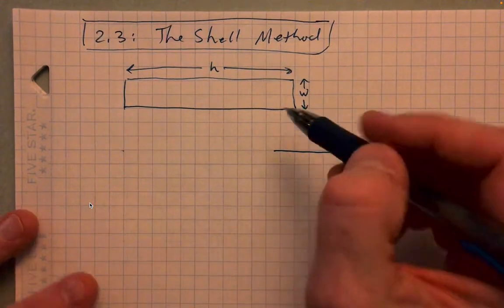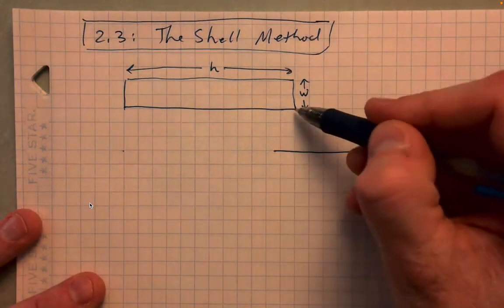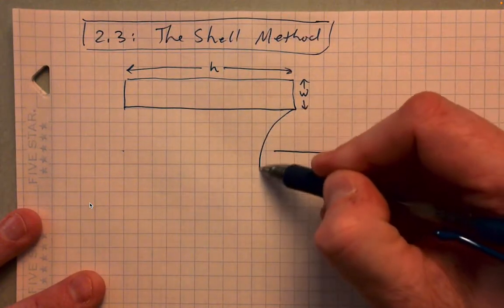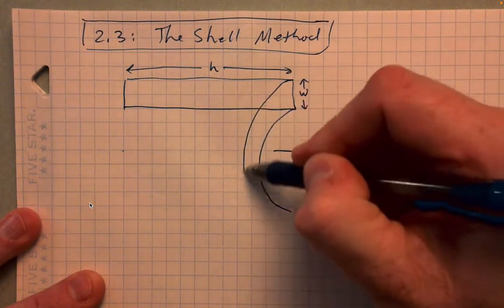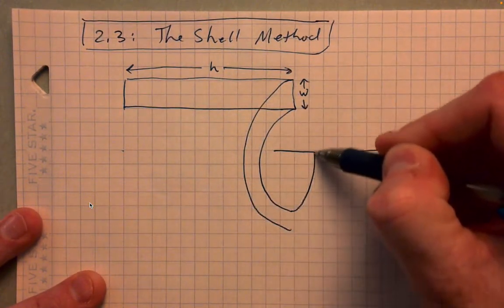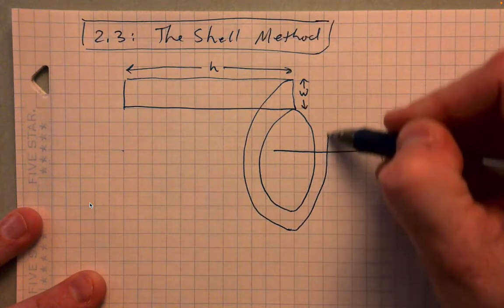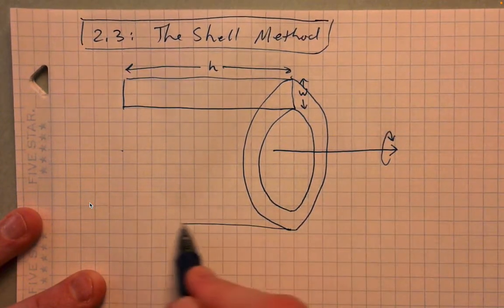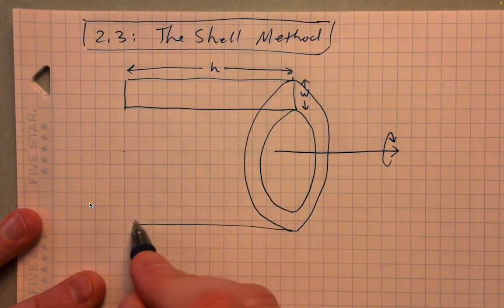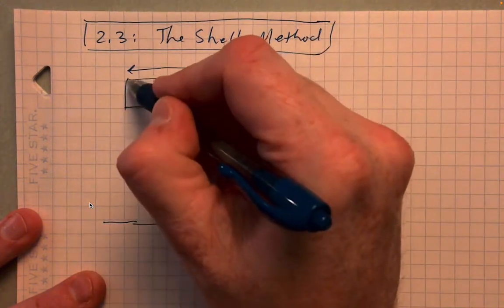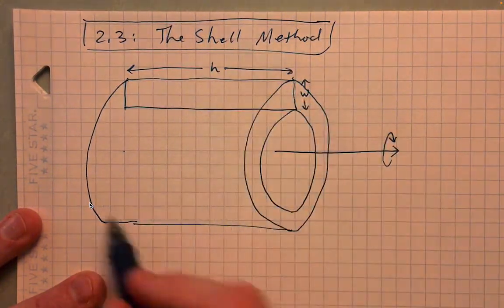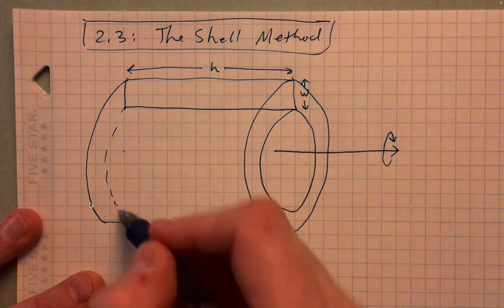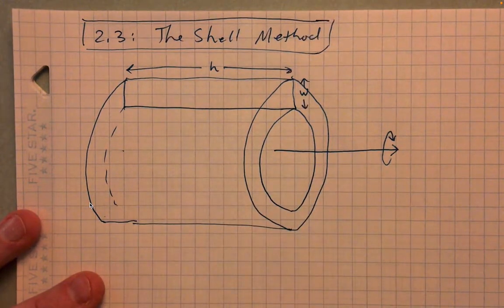We can imagine what would happen if we were to rotate this. It would come down, and you'd get some kind of cylindrical shape here. It would look a bit like this, with a thing behind it there.